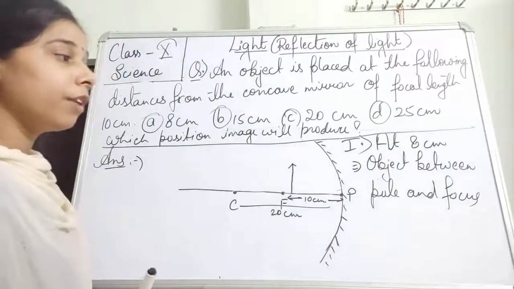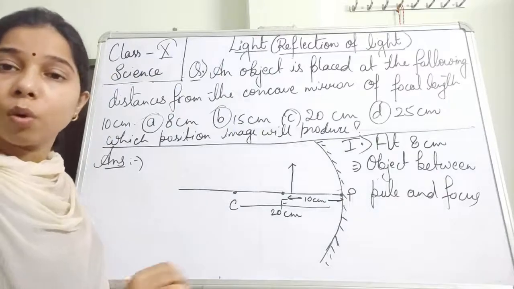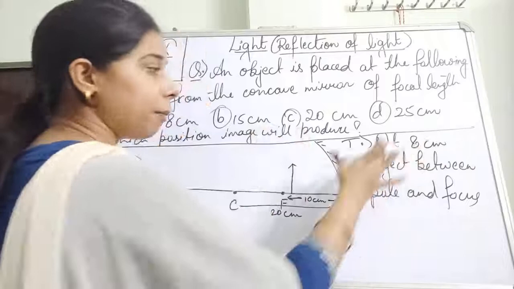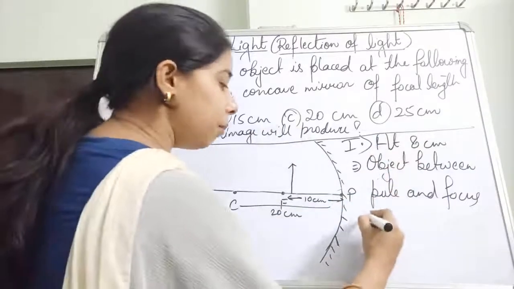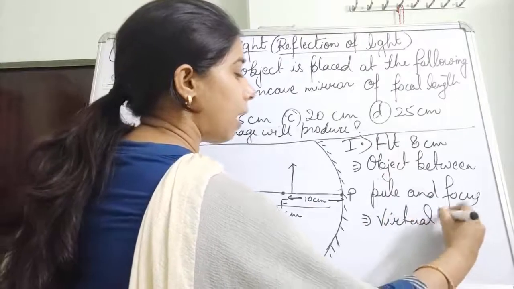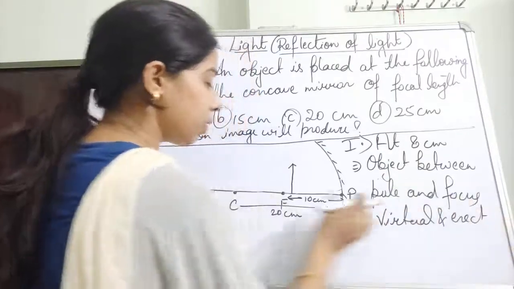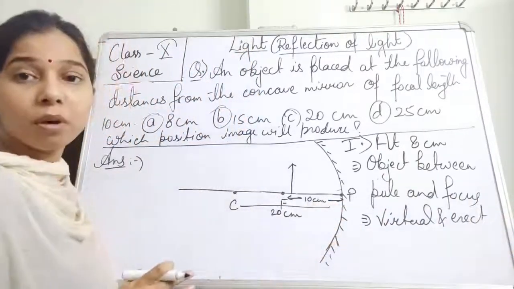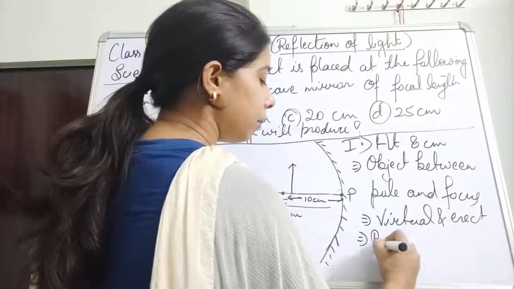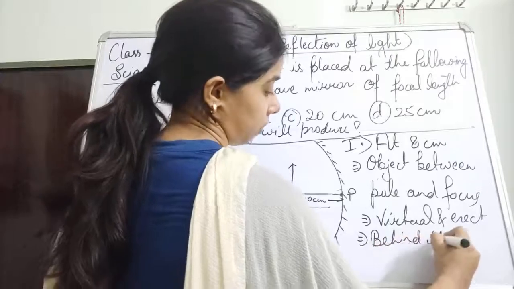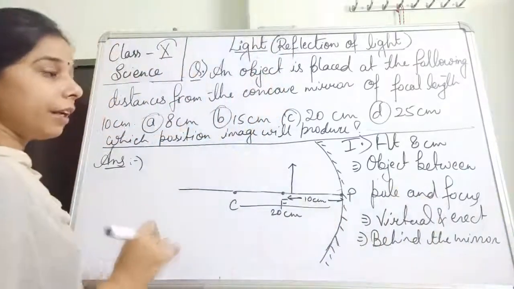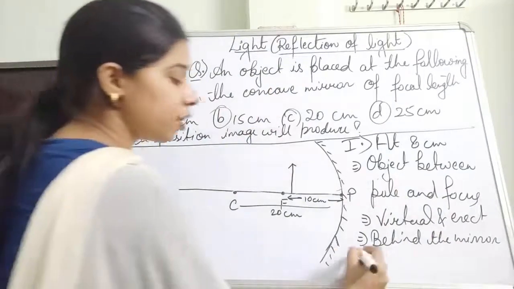If the object is kept between pole and focus, when we keep the object at 8 centimeter, the image formed is virtual and erect, because we know that when we keep the object between pole and focus, the image is virtual and erect. Second, it is behind the mirror, and finally larger than the object.